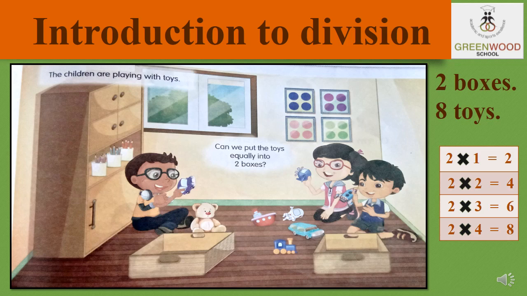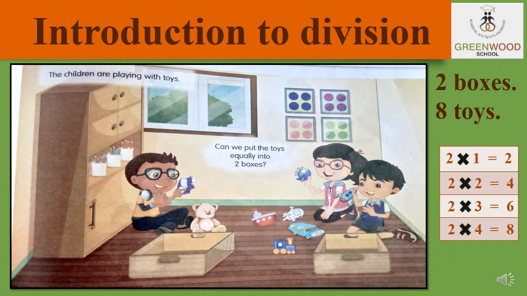Okay, let's see. First I want you to say the table of 2 with me. 2 ones are 2, 2 twos are 4, 2 threes are 6 and 2 fours are 8. The 2 boxes here become the 2 groups for us, in which 4 toys equally will come inside.